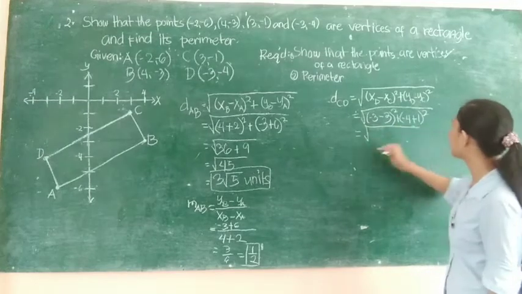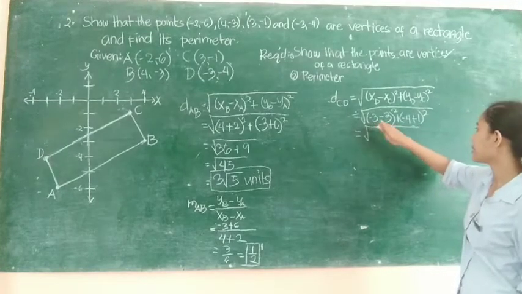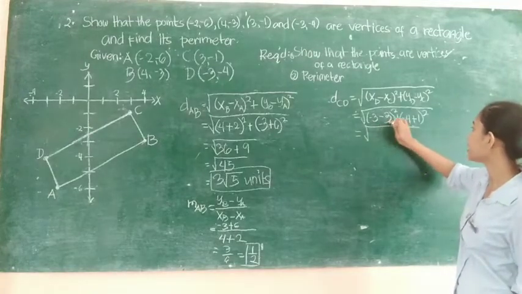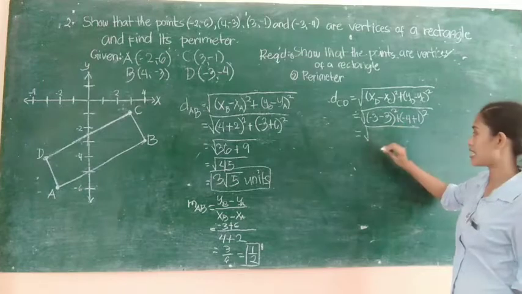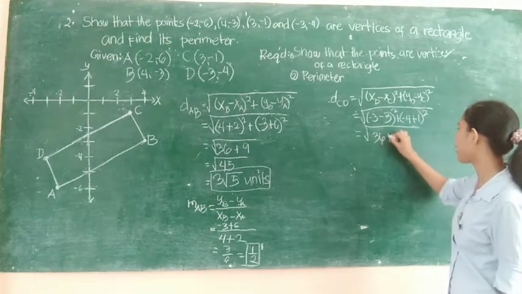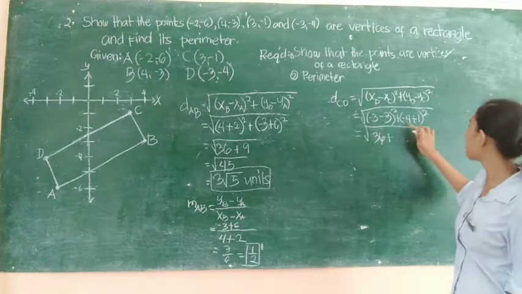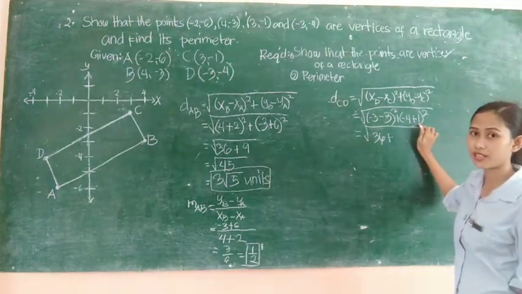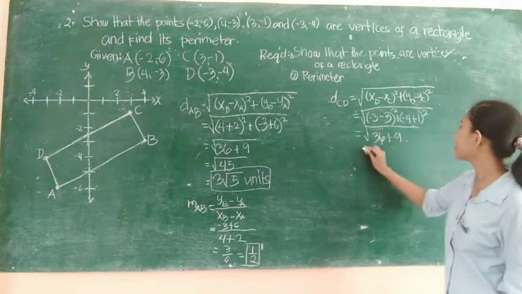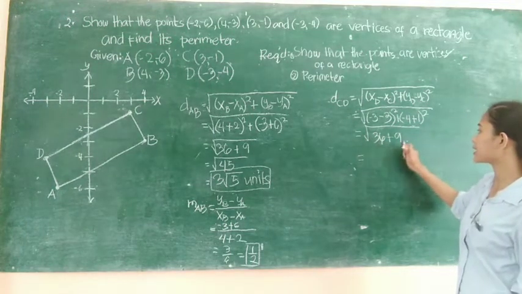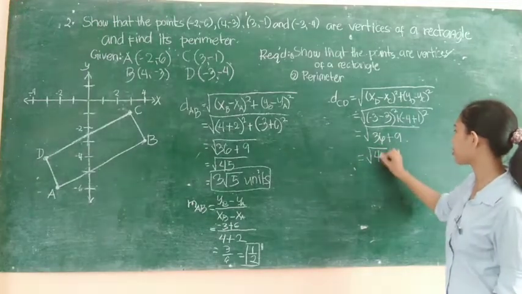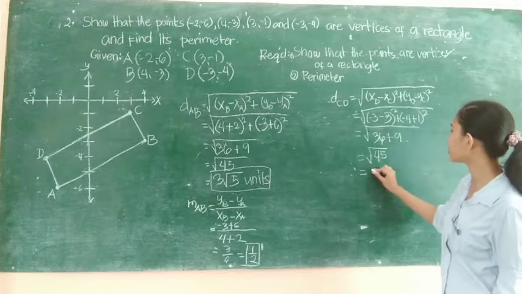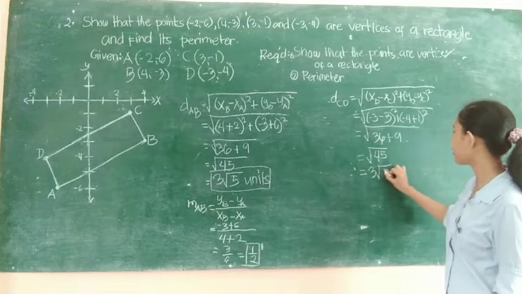Square root of negative 3 minus 3 is equals to 6. 6 squared is 36 plus negative 4 plus 1 is equals to 3. 3 squared is 9. So 36 plus 9 is equals to square root of 45. Then the square root of 45 is equals to 3 square root of 5 units.